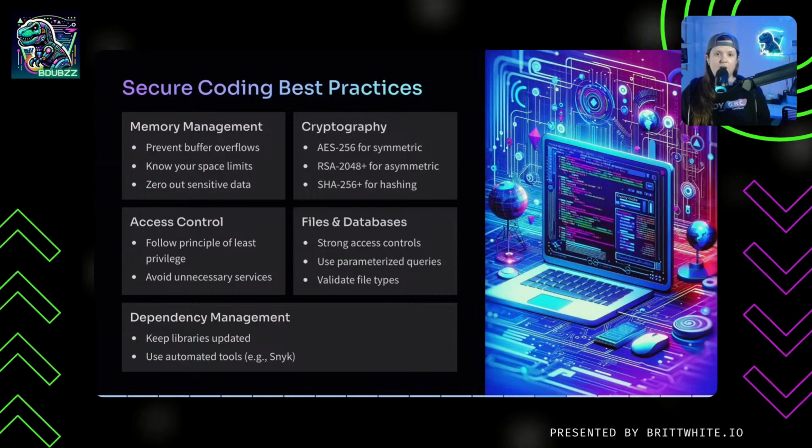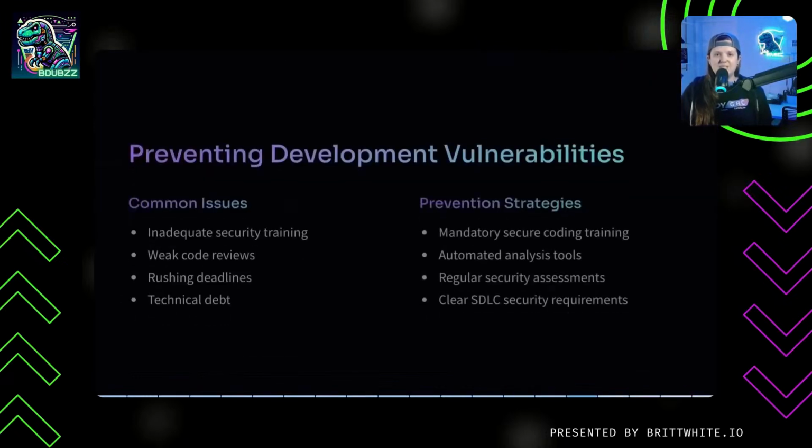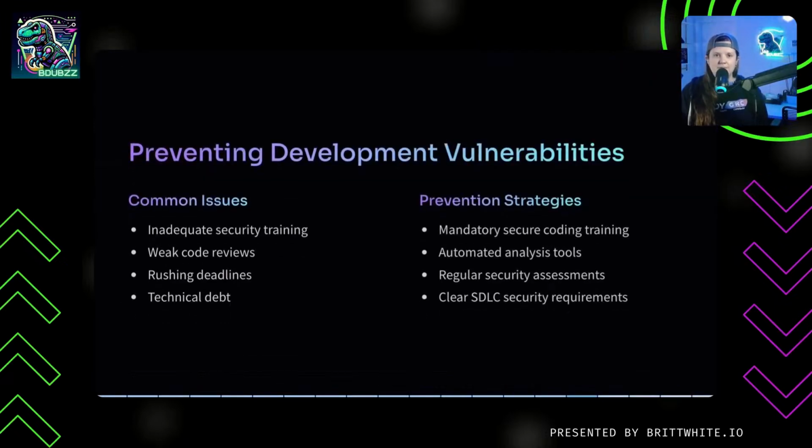Tools like Snyk or OWASP Dependency Check can automate this process for you. Now, these common vulnerabilities come from several key sources. This includes inadequate security training, weak code review processes, rushing to meet deadlines at the expense of security, and accumulated technical debt.